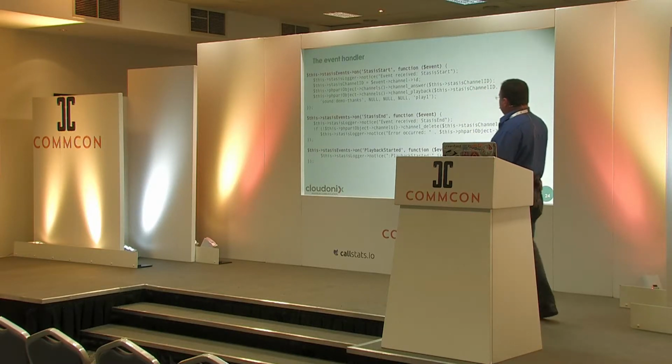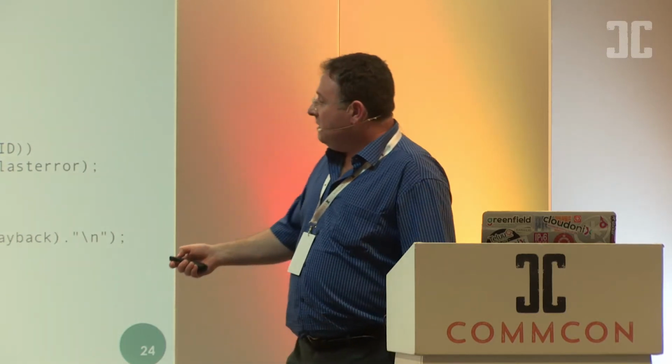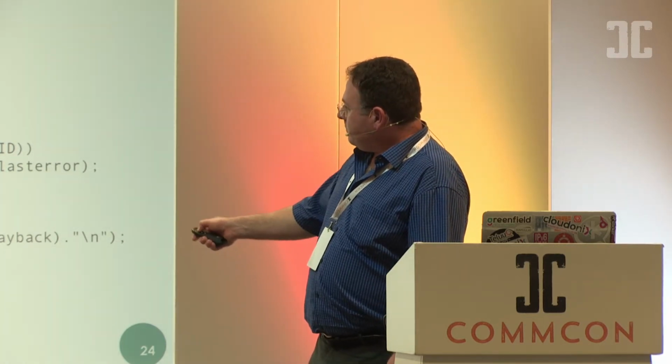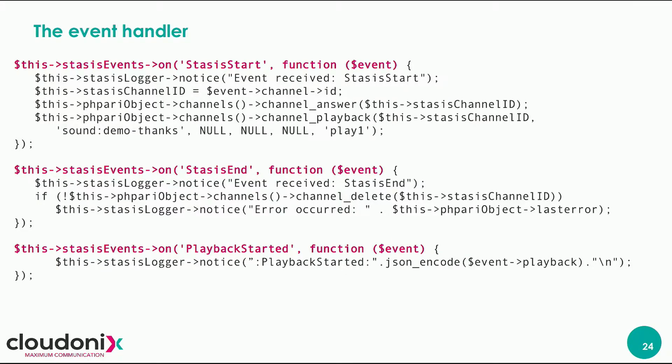Here we have an example: Stasis start will be the beginning of a call, saying, okay, a call has been intercepted into a Stasis application. Stasis end, basically the call has ended and disconnected from the Stasis app. At this point, we say, okay, we'll answer the call, we'll play back a file, and on call disconnect, we'll just dish out a log message.